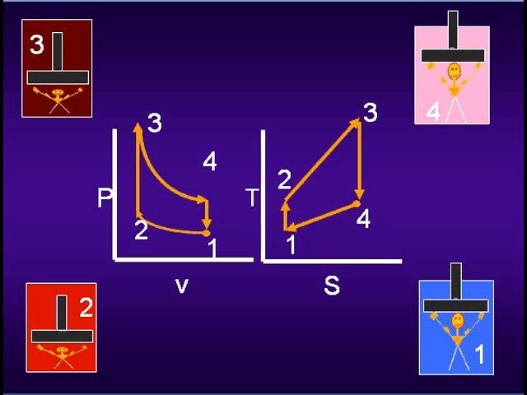If we look at this cycle on a PV diagram or on a TS diagram, you have at state 1 a large volume and a low pressure. As you raise the pressure, or as you push down on the piston, compress the gas, then you've lowered the volume and raised the pressure.